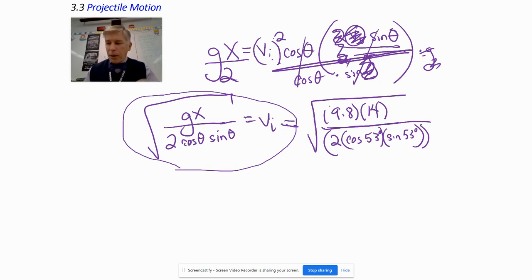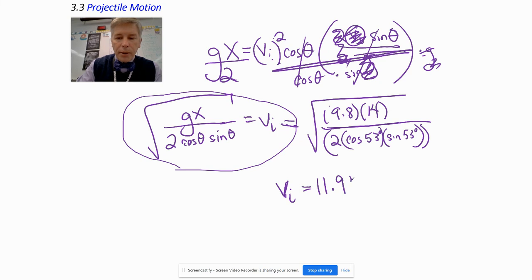That seems way too big. But if I square root that number, I get 11.9. So they need to launch this at about 11.9 meters per second. That's somewhere around 25 miles per hour. So they're really chucking it.